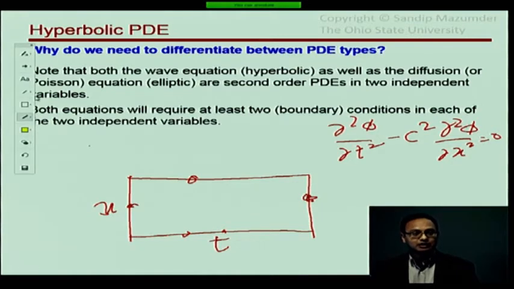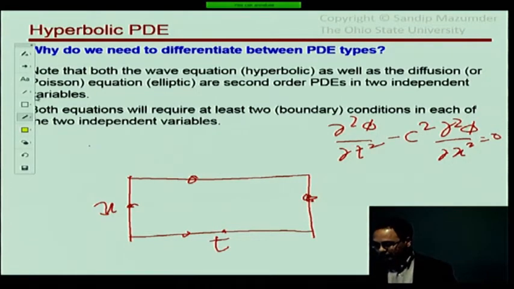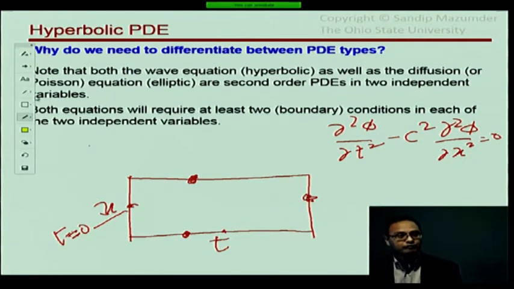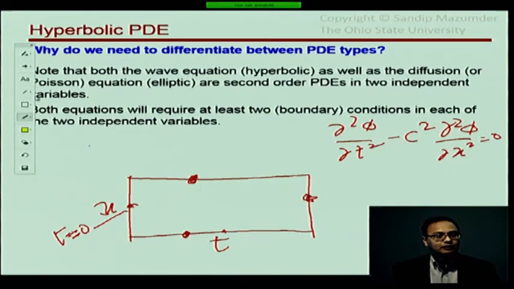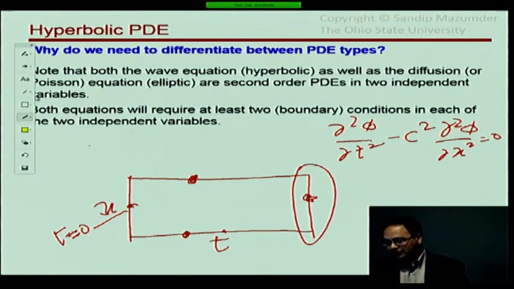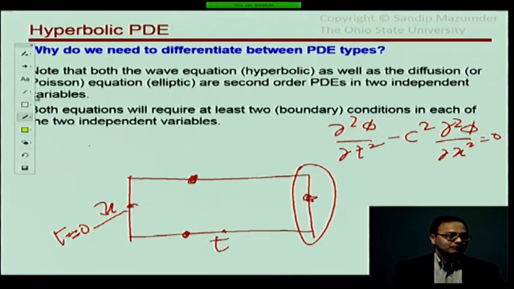But for a hyperbolic PDE, you will need boundary conditions in x here and here, and two boundary conditions here in time, at time t equal to 0. No boundary condition at this edge at all. Why?